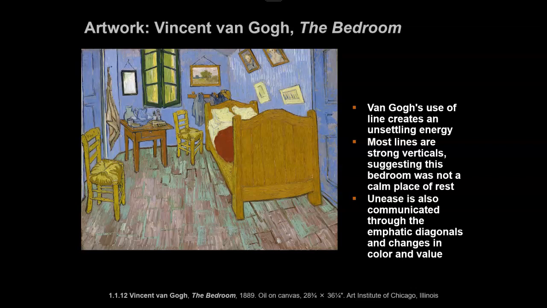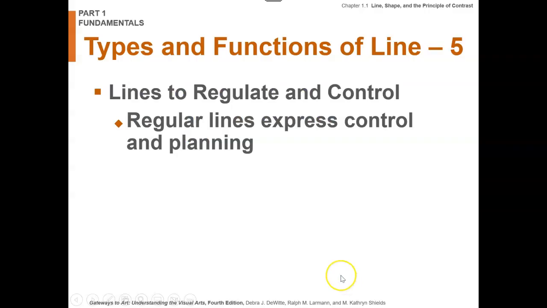So you have to look at stuff like this and decide what the artist used and what it's reading, right? Sometimes it's going to contradict itself, and so I'll show you an example.